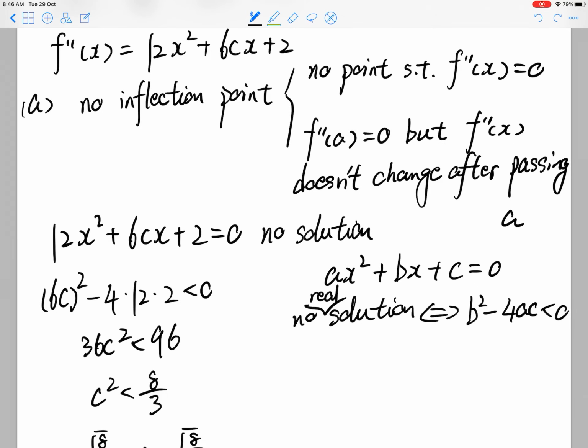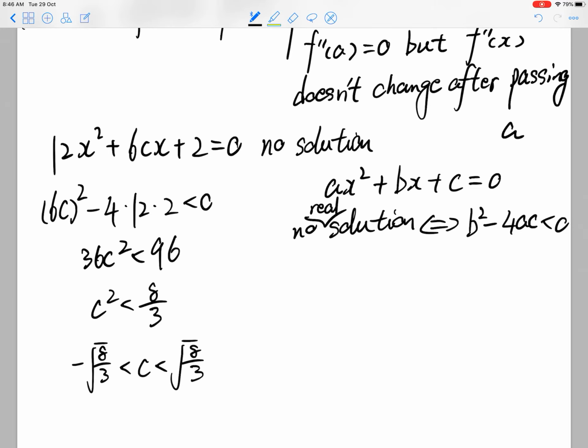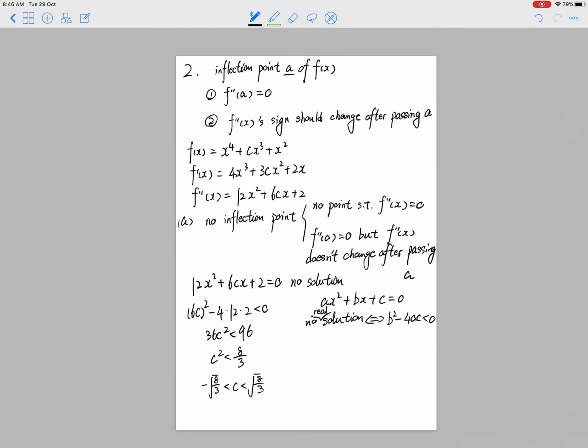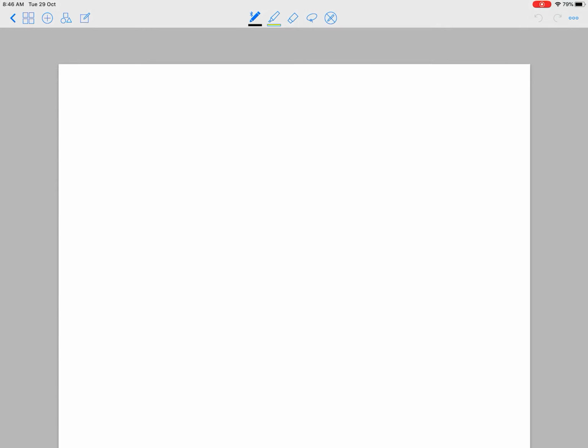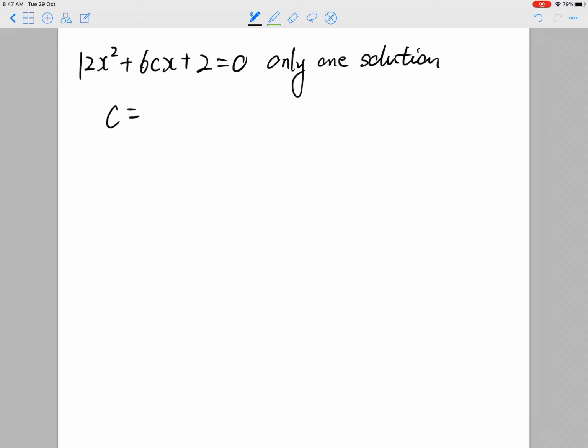Second case is there is a point that second order derivative equals 0, but the second order derivative doesn't change sign. This case happens when the second order derivative equals 0 and has only one solution, which means your c is positive or negative square root of 8/3.